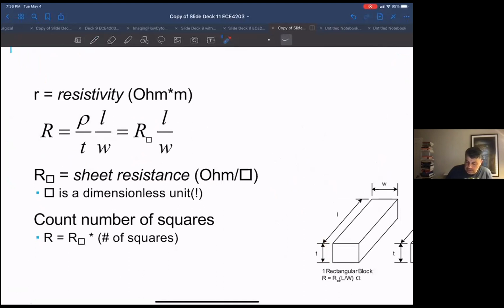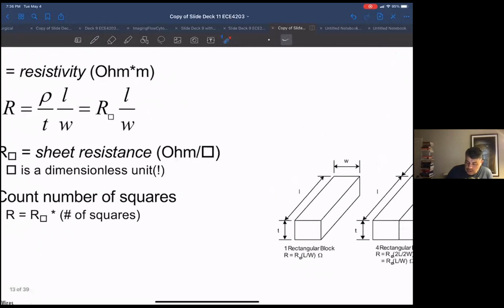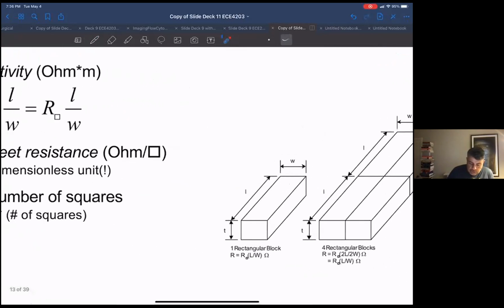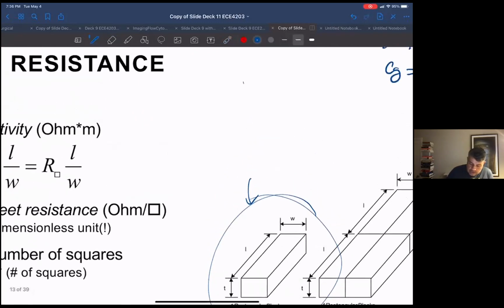And why are they doing that? Because when you're looking at this guy from the top down as a designer, you're going to see it as having a length and a width.